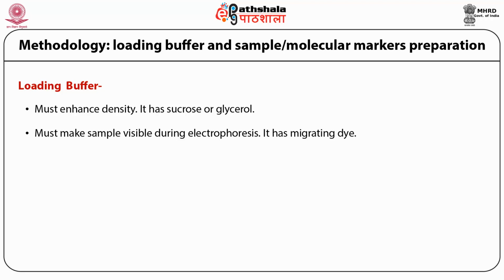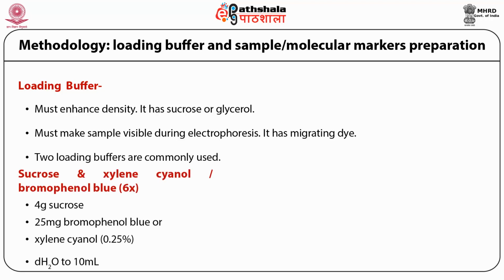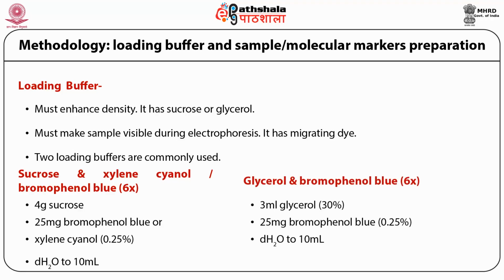Stock solution of 6x sample buffer, that is the loading buffer, contains 30% glycerol in distilled water, 0.25% bromophenol blue, and 0.25% xylene cyanol dye, and is prepared in simple buffer, which should be of lower ionic strength than electrode buffer.